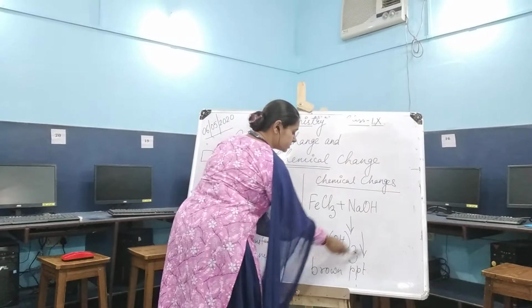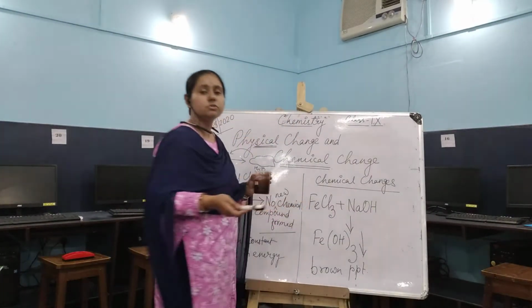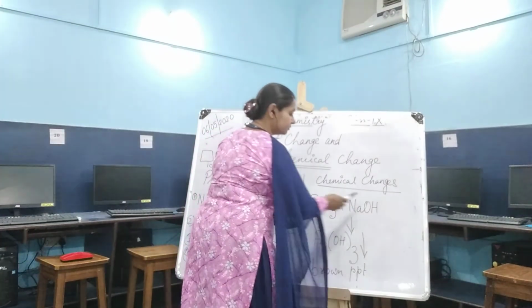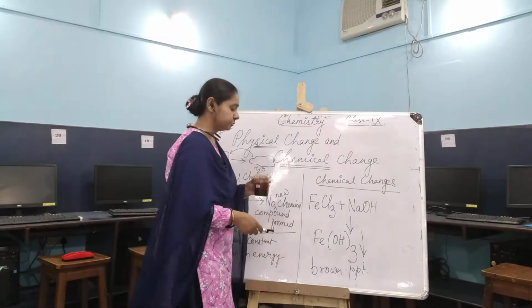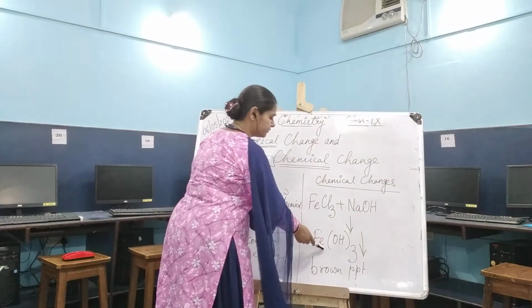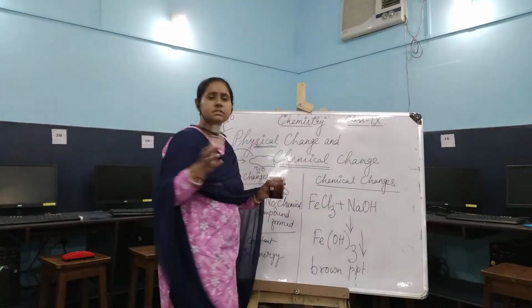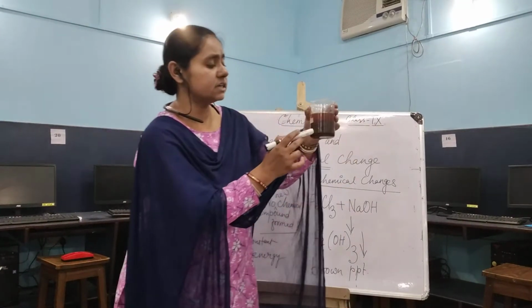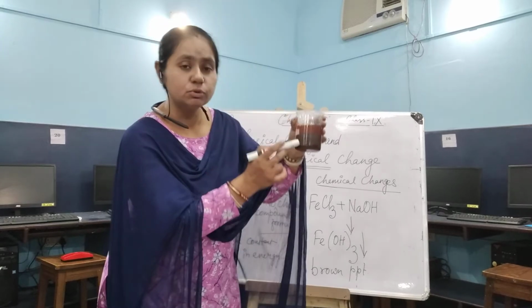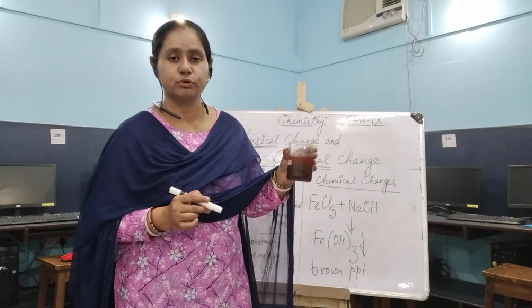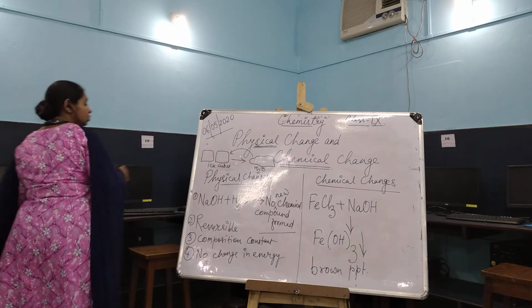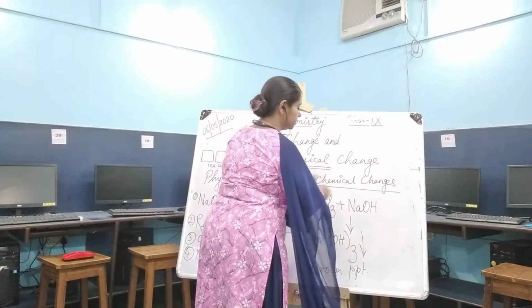Ferric chloride reacting with sodium hydroxide will give you ferric hydroxide, and this ferric hydroxide is not present in any of the reactants. So this is a completely new substance which is being formed, and that is why we call it a chemical change.